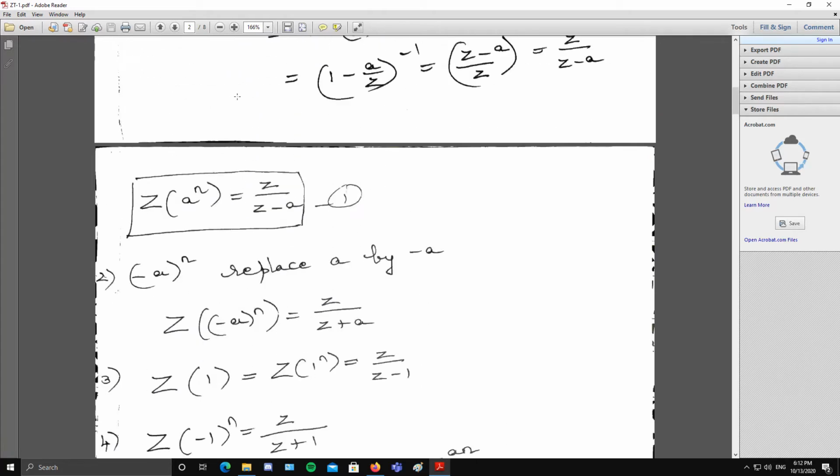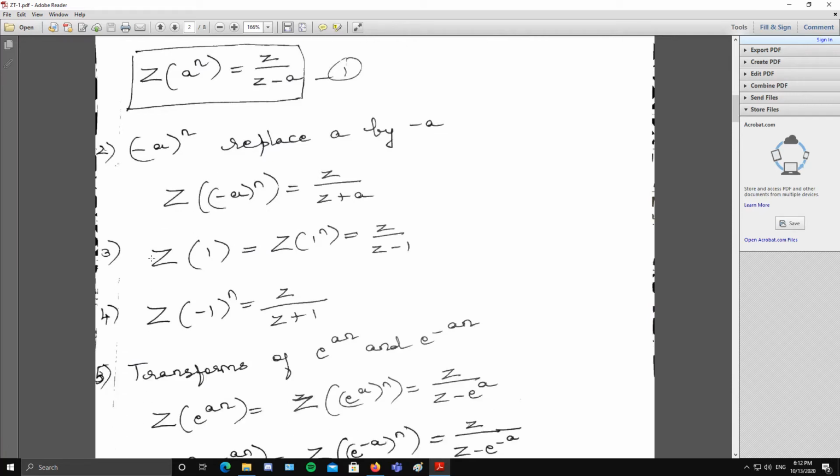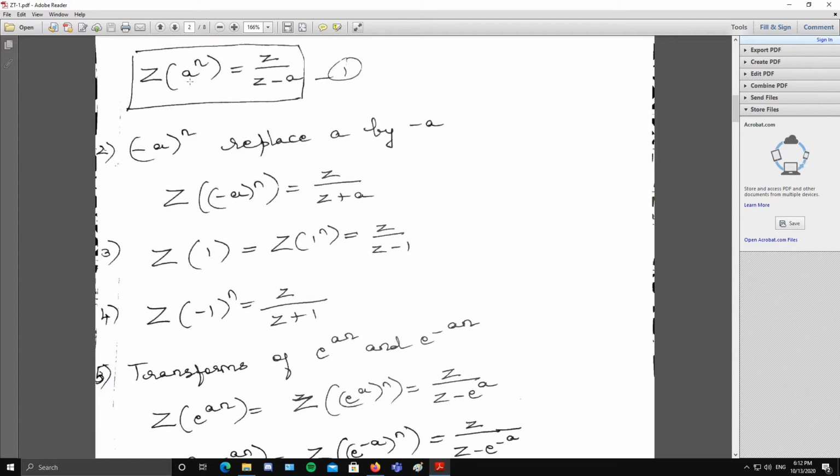So remember the proof of the first one, you can answer for 2 to 5 just by replacing the constant a by minus a here, 1 here, minus 1 here, e power a here, e power minus a. The proof is same. In the last step you should do the replacement and write the transform.